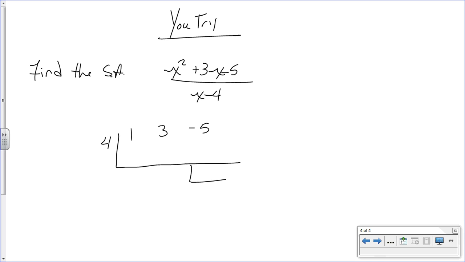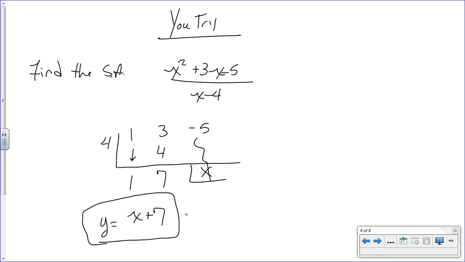Remember, the remainder is going to be under this last one, and we're not going to care. So bring down the 1. 4 times 1 is 4. Bring down the 3, 7. Doesn't really matter what this is. So this is going to be x plus 7, because we started with the second degree, so we end up with the first. So y equals x plus 7 is our slant asymptote.